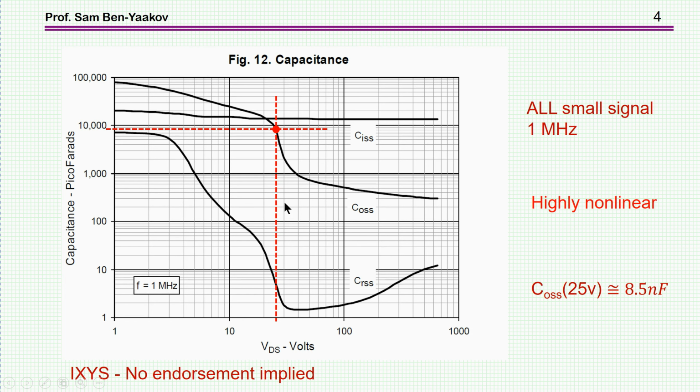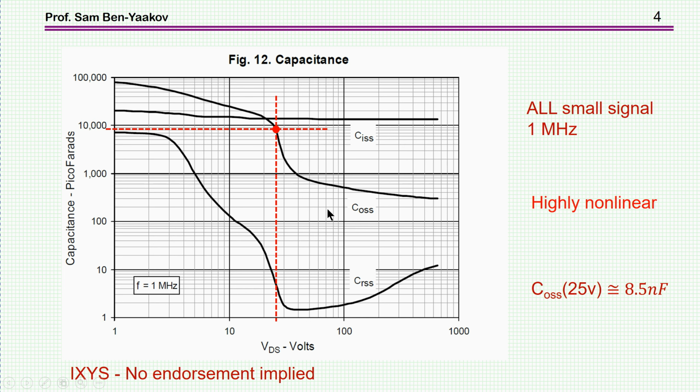So what we see here is CISS, the input capacitance, as a function of voltage. It's a nonlinear capacitor. This is capacitance in picofarads, up to 100 picofarad, that's 100 nanofarad.